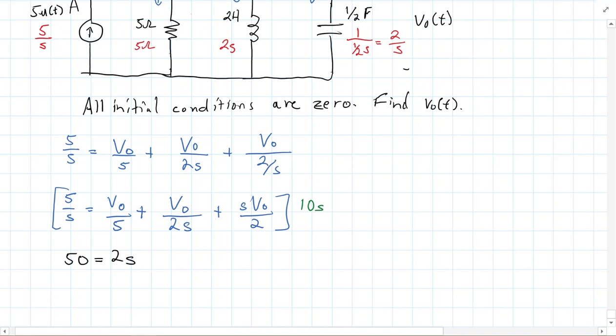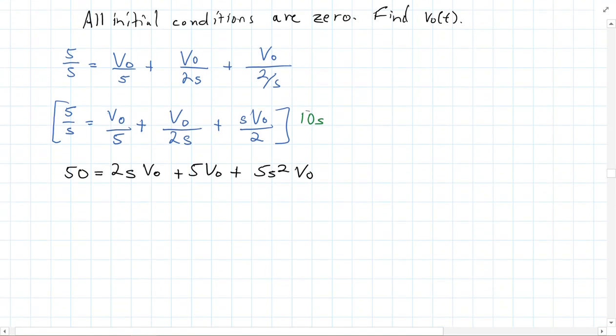And then I have a 2s times V out, of course. And then I have a 10s divided by 2, which is 5, and divided by the s, so this would be plus 5 V out, plus, and then what do I have here? I'd have a 10s times an s over 2, so that would be 5s squared times V out.